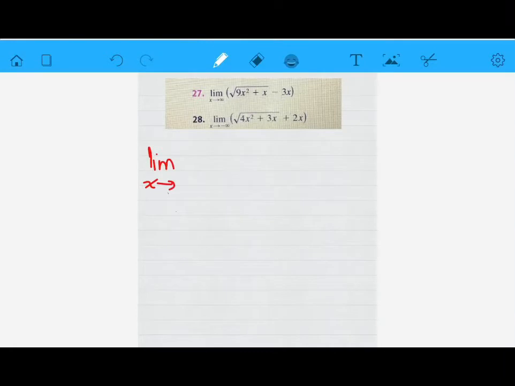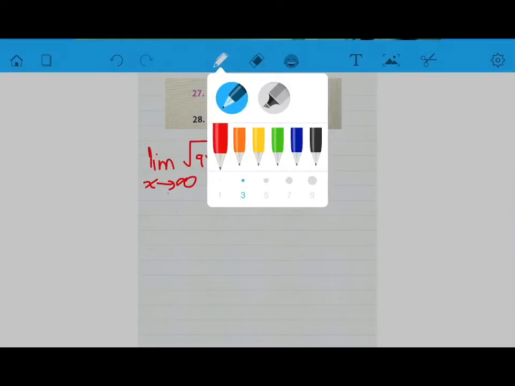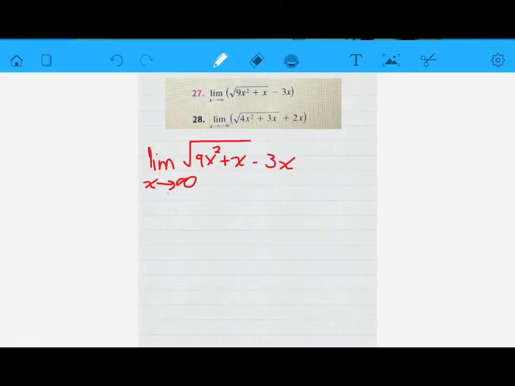The limit as x approaches infinity of radical 9x squared plus x minus 3x. The conjugate for this one, we must put in brackets first. Don't forget to put it in brackets because we have two terms.